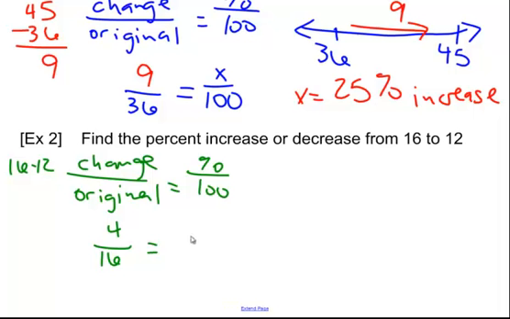And find the percent means we don't know it. 4 times 100 is 400 divided by 16 equals 25. So x is going to be 25%. And it went from 16 to 12, meaning it went down, so it's a 25% decrease.